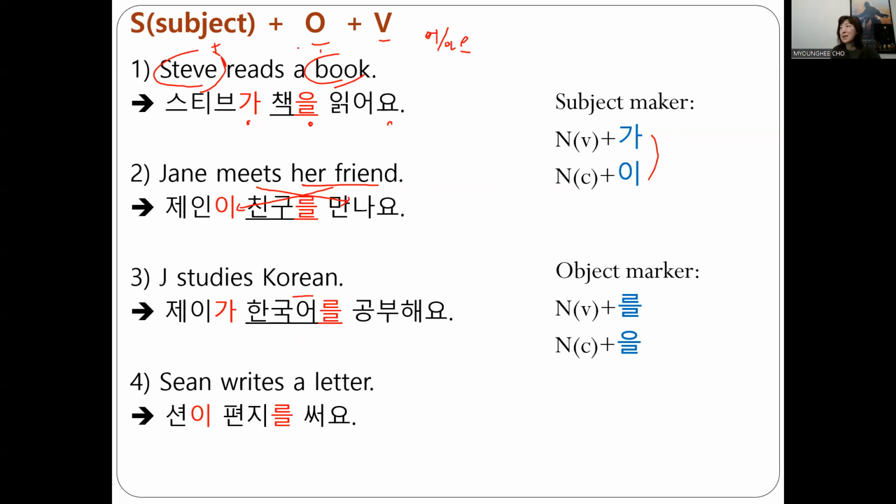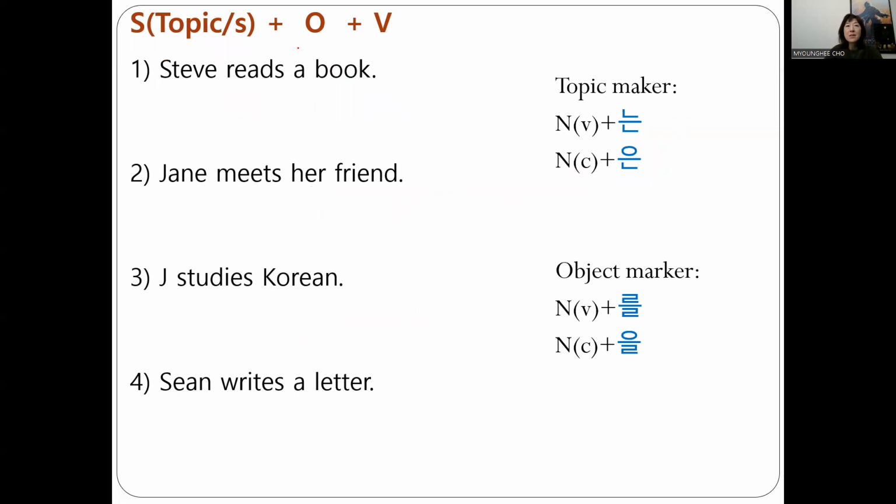But let's say this time the subject is also the topic of the speaker. When the subject has both functions, then we add only the topic marker, not both the topic marker and the subject marker together, only the topic marker. Then you know when to use 는 or 은.